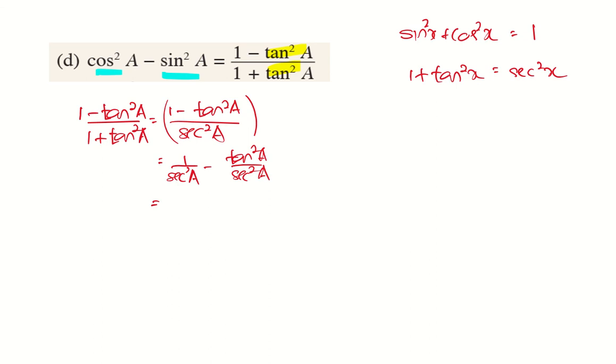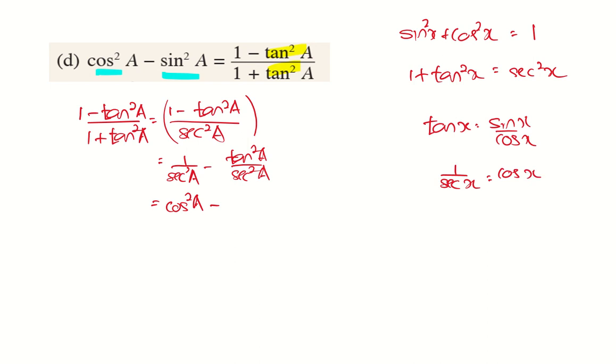1 over secant is actually cos square A. Okay, and then tangent x is sine over cos. 1 over secant x is cos x.